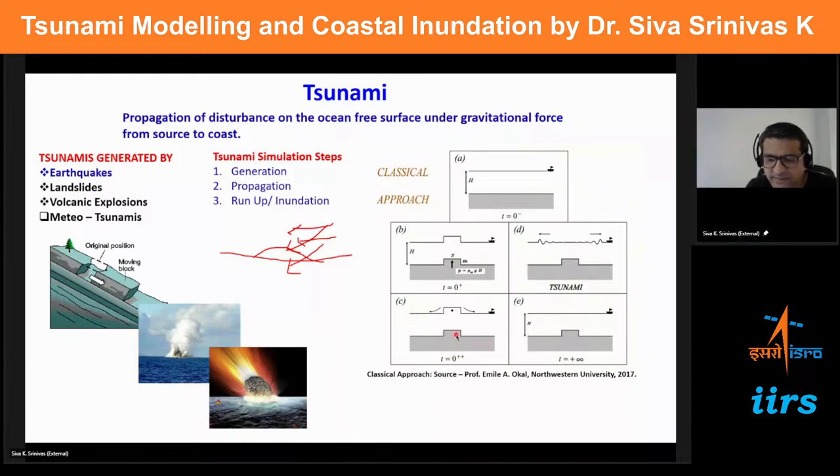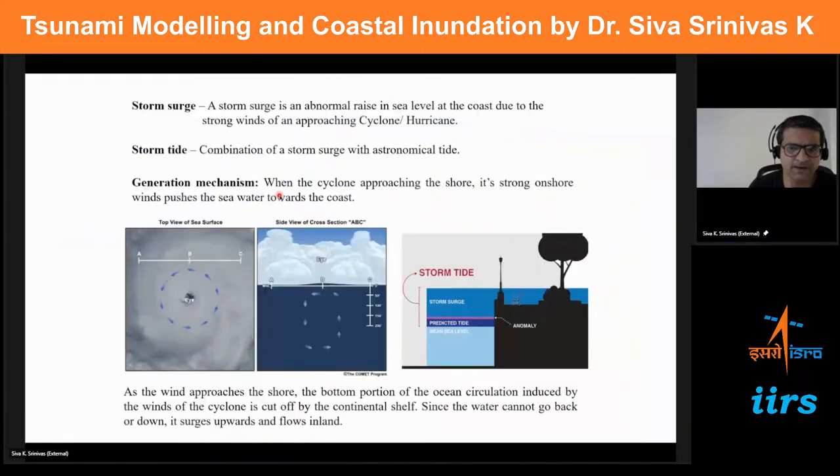After some time, there might even be a second earthquake event where a second cycle of tsunami waves might come. After some time, there won't be any disturbance, and the sea might return to the calm position after a couple of hours. So the point I would like to highlight here is that a tsunami involves three steps: generation, propagation, and run-up or inundation.